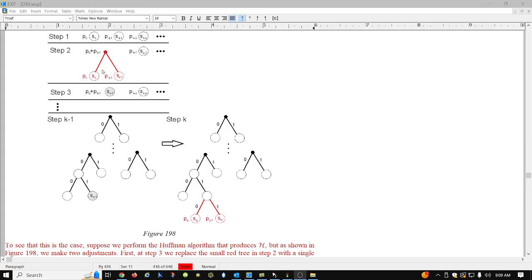But what if I just started at step 3 and went through step k minus 1? That is a Huffman algorithm. It's perfectly acceptable to start the algorithm right here. It's for a different source alphabet, namely SQ minus 1, SQ minus 2 down to S1. In other words, SQ is missing.